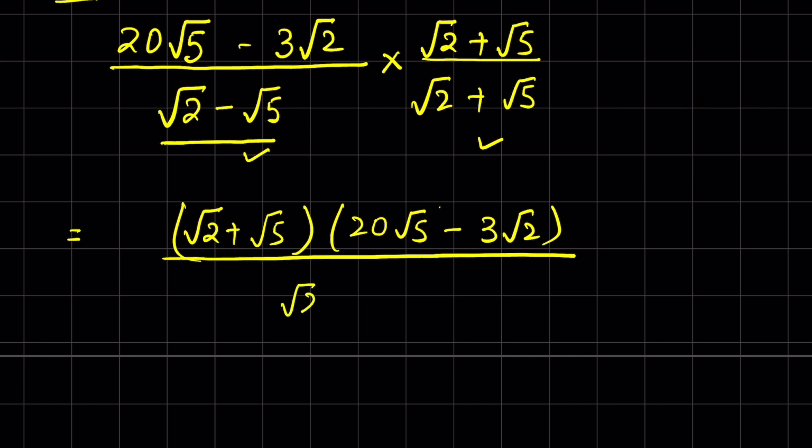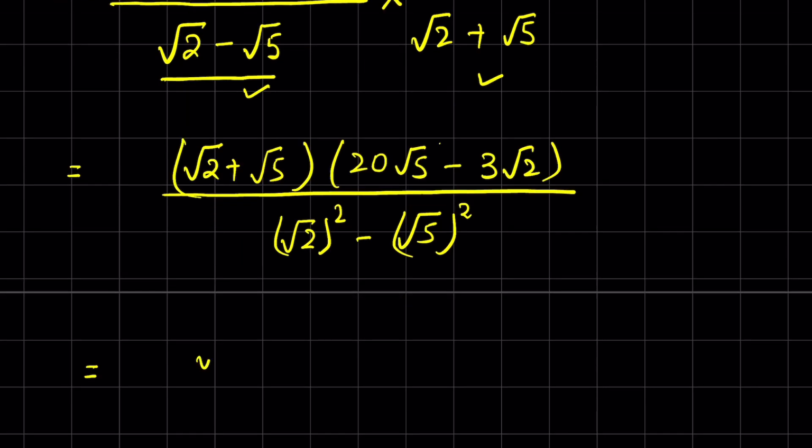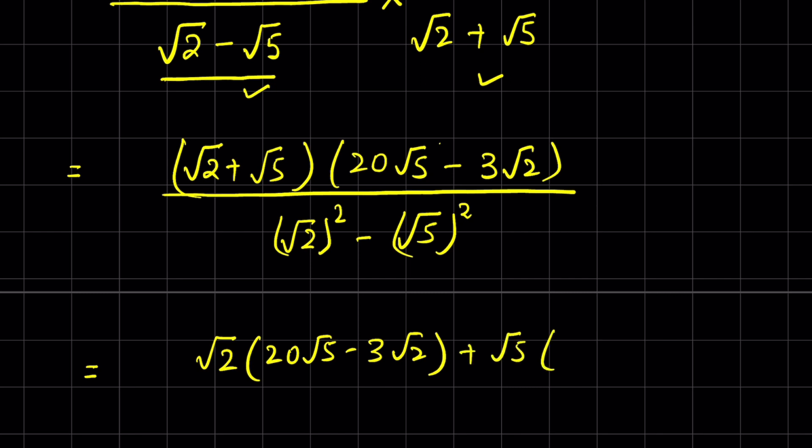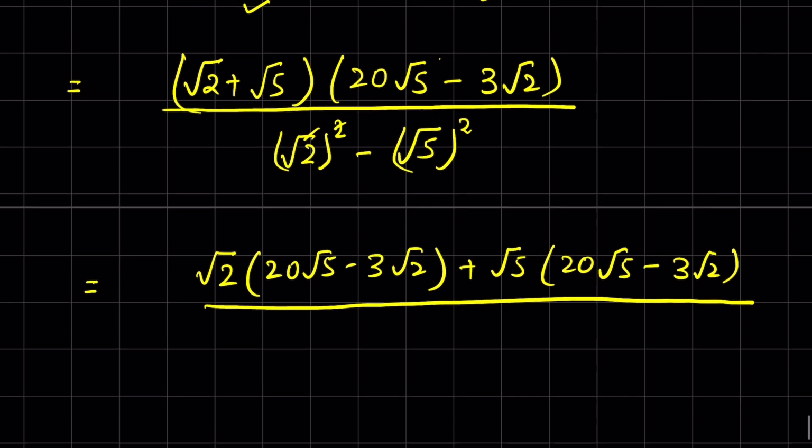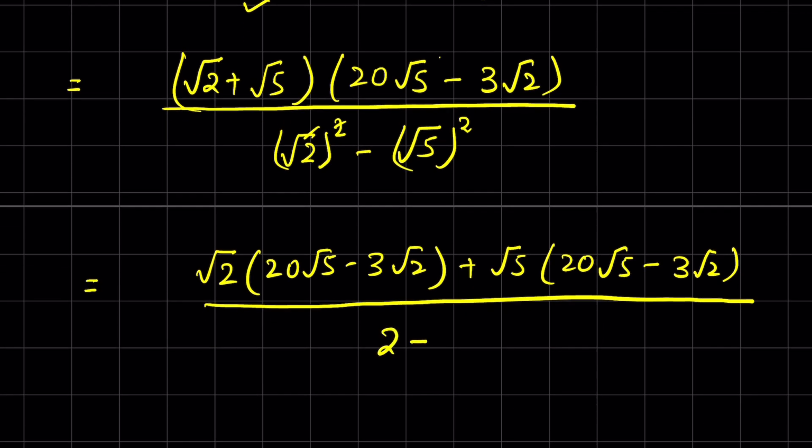So it will be (√2)² − (√5)². Now √2 is multiplied to (20√5 − 3√2), plus √5 is multiplied to (20√5 − 3√2), upon, we can remove the square root with the square, so it will be 2 − 5.